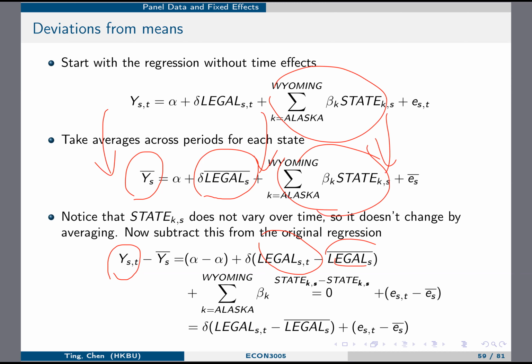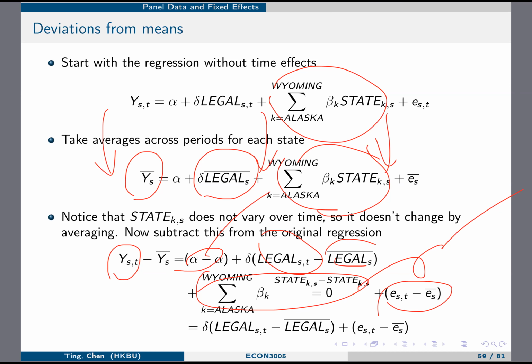So essentially you can consider this part as just zero, canceling out, because for each state it is the same dummy variable. The error term is here as before, and alpha and alpha also cancel out.